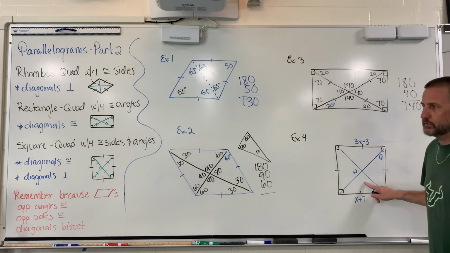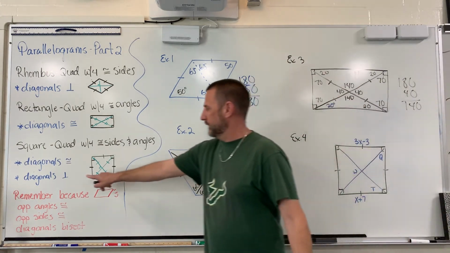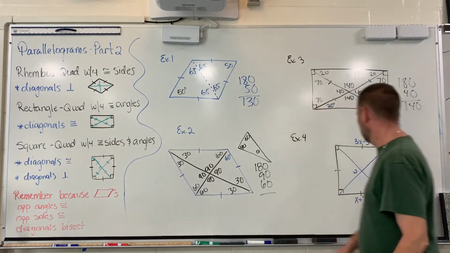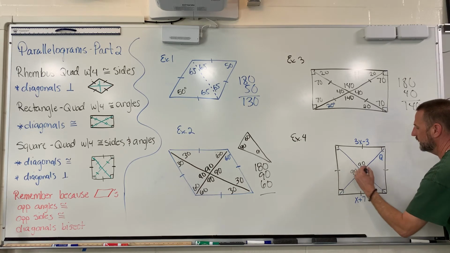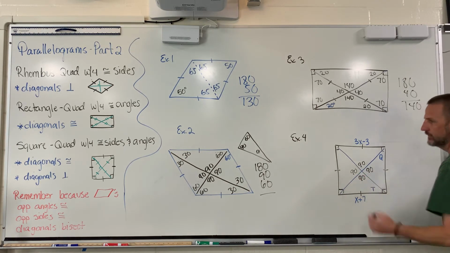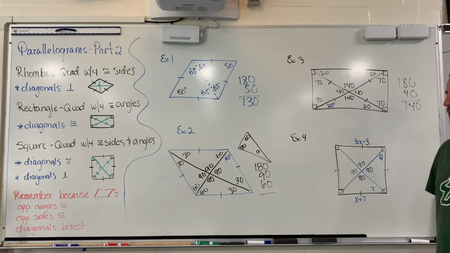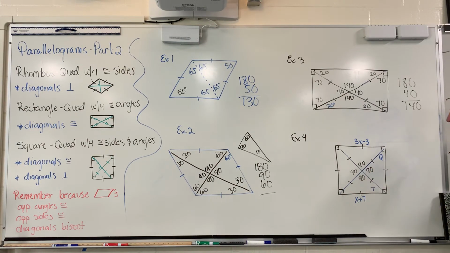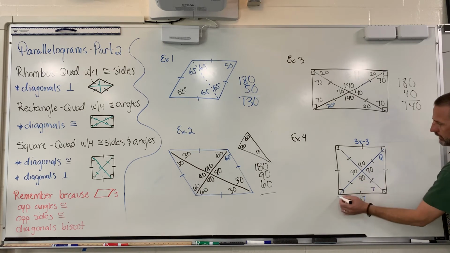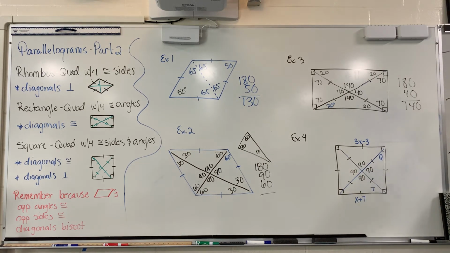Well, remember, on a square, the diagonals are perpendicular, which means right here in the middle, 90, 90, 90, 90. I also know that the diagonals are congruent. So when I do that, I can see that it's really just 4 isosceles triangles all connected together.